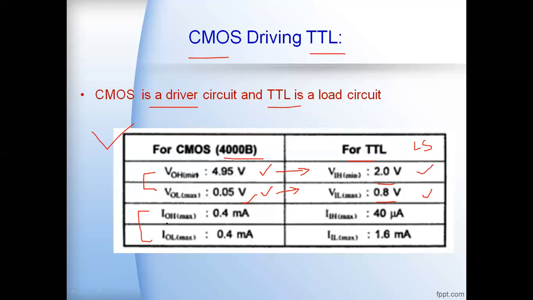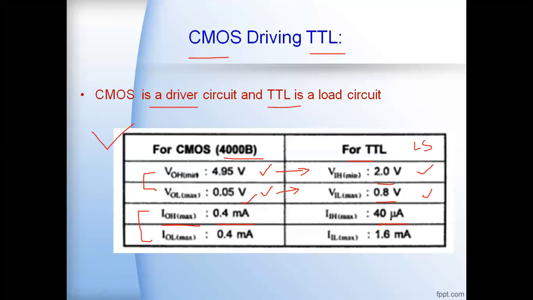Now let the CMOS have the high output here. When the CMOS is at high output, the maximum output current flowing from the CMOS is 0.4 milliamperes. And if you see at the TTL input, the TTL input requires 40 microamperes.